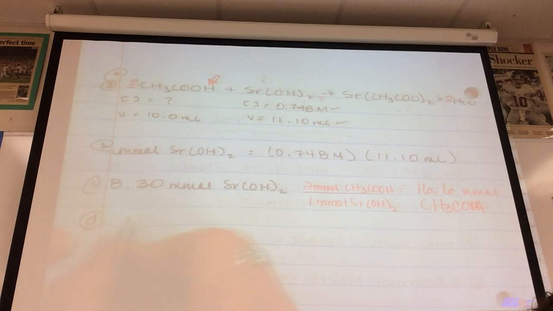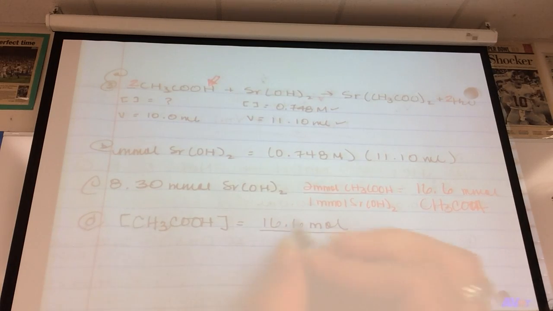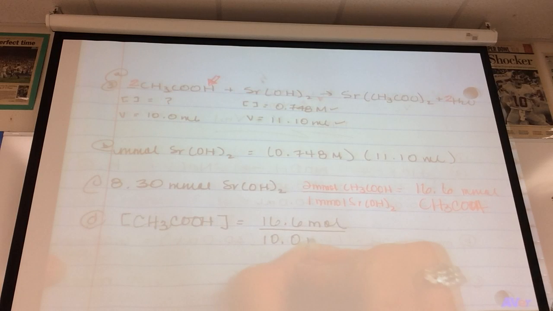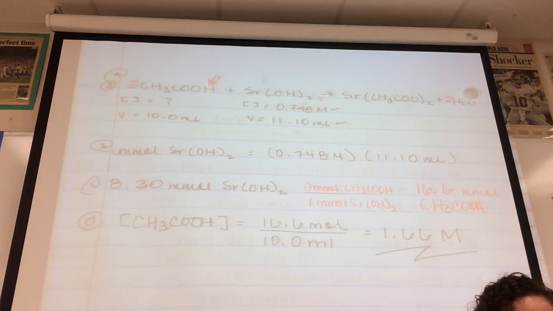And then our goal is to get the concentration of the acetic acid. We've got the millimoles of it, and we're going to divide by what? The volume. Good. And that's the concentration of the acid.